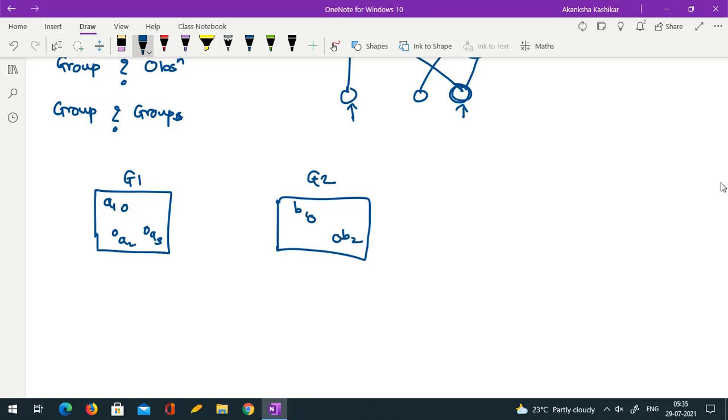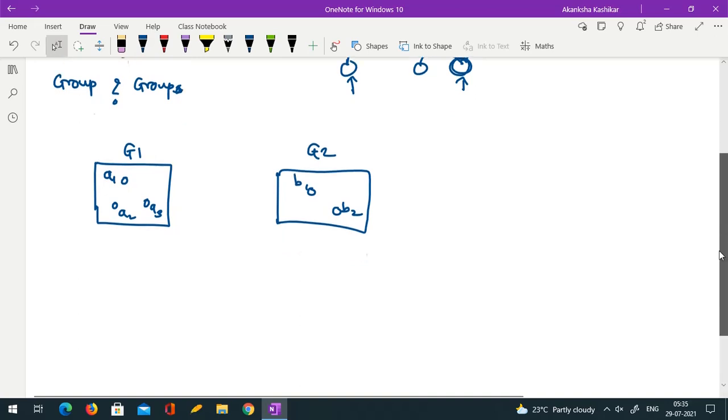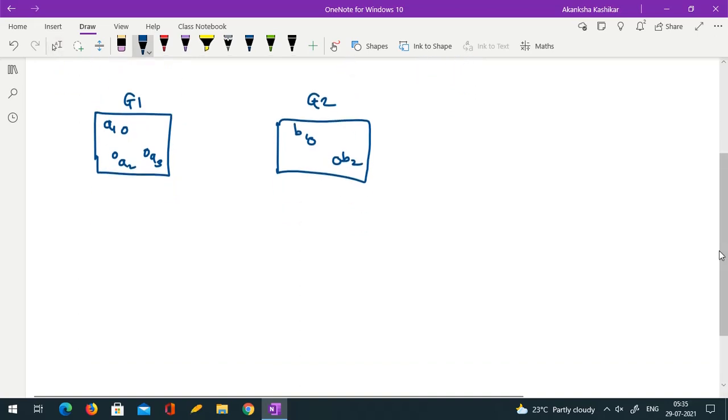We want to find the distance between these two groups, and let us assume that we know the individual distances between all the observations: A1 A2, A1 A3, A2 A3, A1 B1, A2 B2, all these things. To find the distance between G1 and G2, I need to have some formula.